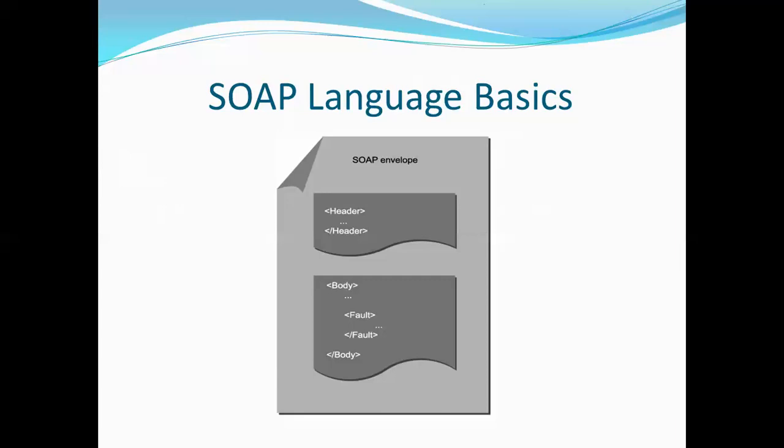In the body part, the actual message is communicated, and the header part is used for authorization. The body part is used for communicating the message from one computer to another computer. So these are the SOAP language basics.